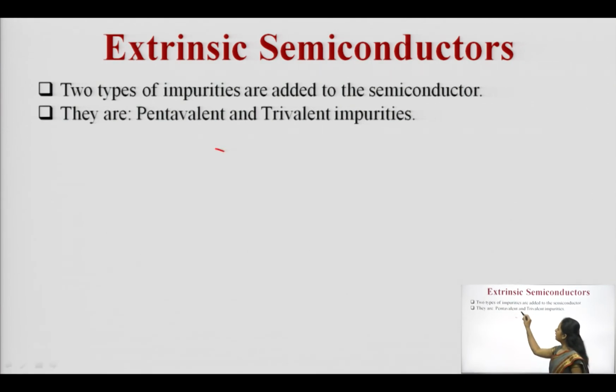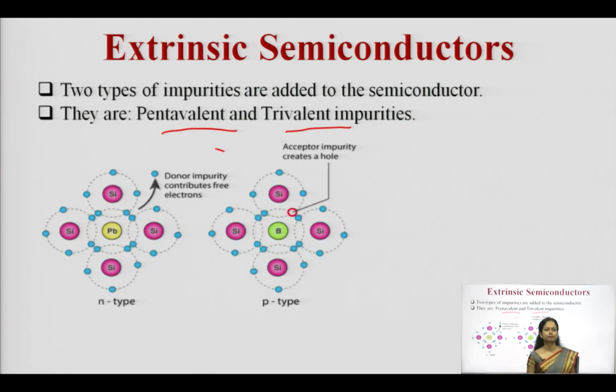As I have told you, pentavalent and trivalent impurities form N-type and P-type accordingly. In this diagram, the N-type semiconductor is formed by adding a pentavalent impurity, which has 5 valence electrons. So 4 electrons form a covalent bond with the neighboring silicon and 1 electron is available free.